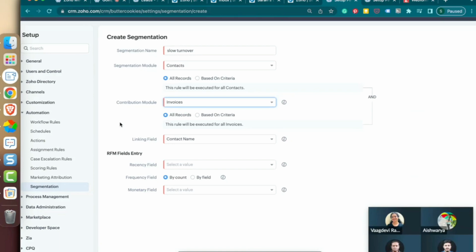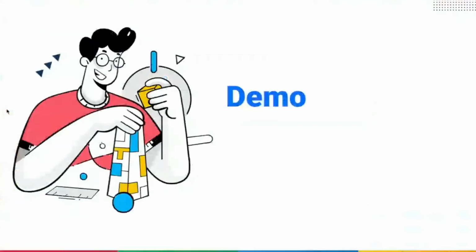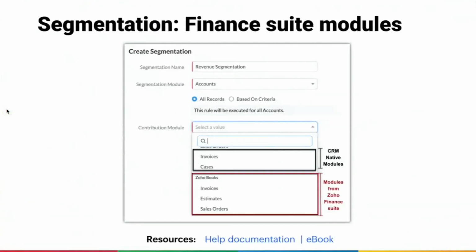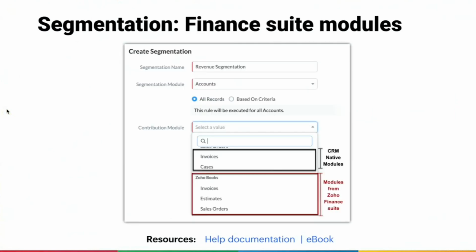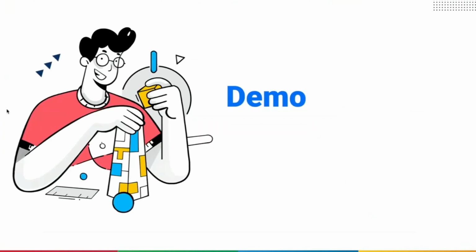You can label your different segment categories, segment them and devise your strategies. So these are the two enhancements that we just saw in segmentation. We added criteria to the contribution module. We included modules from the Finance Suite for a finer, granular segmentation.